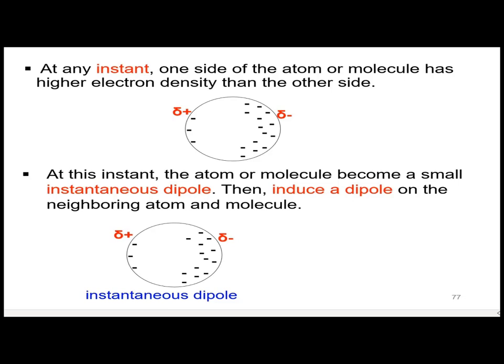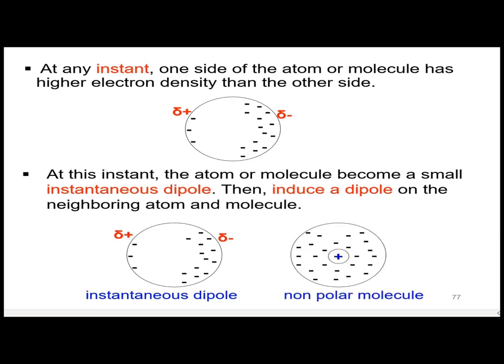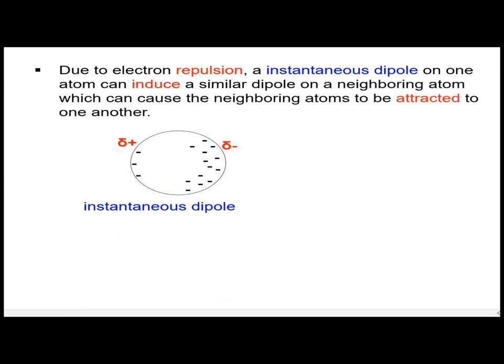When the molecule with an instantaneous dipole gets closer to another nonpolar molecule, as shown in the second diagram, the molecule with the instantaneous dipole will induce a dipole on the neighboring atom or molecule. Due to electron repulsion, an instantaneous dipole on one atom can induce a similar dipole on a neighboring atom, which can cause the neighboring atoms to be attracted to one another.